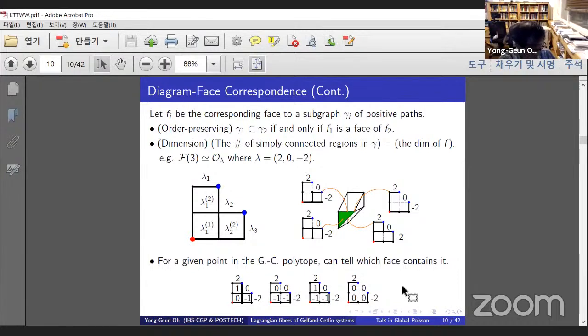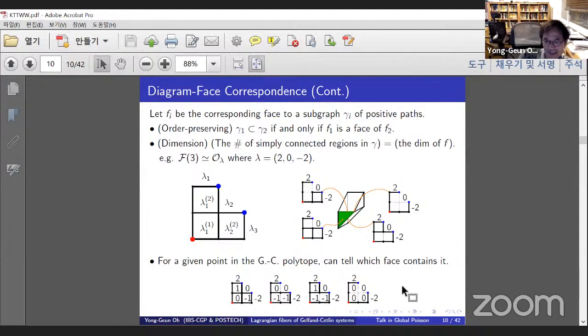Okay, so the coordinate is lambda. Lambda 2,2 is the x coordinate, lambda 1,2 is the y coordinate, and lambda 1,1 is the z coordinate.